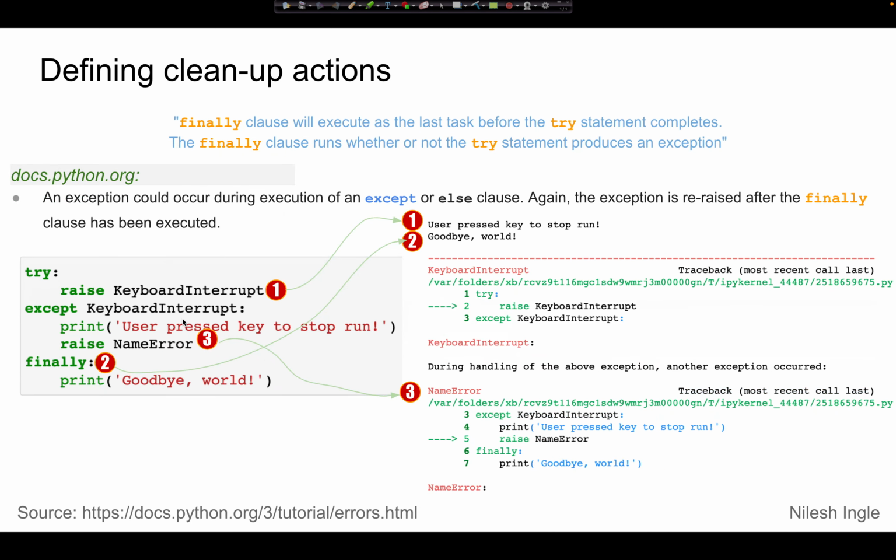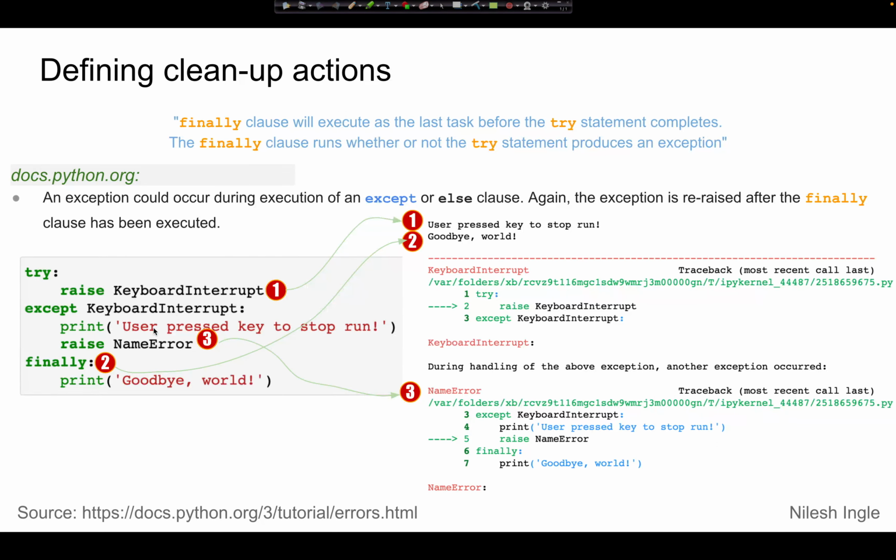In another situation, we have an exception. So we have the try block, which raises the keyboard interrupt error. Then we have the except block that raises yet another error, and after that we have the finally block. In situations such as this one, here's how the flow goes. First, the try block error is raised. In this case it's the keyboard interrupt, and that exception matches the one written in the except statement.